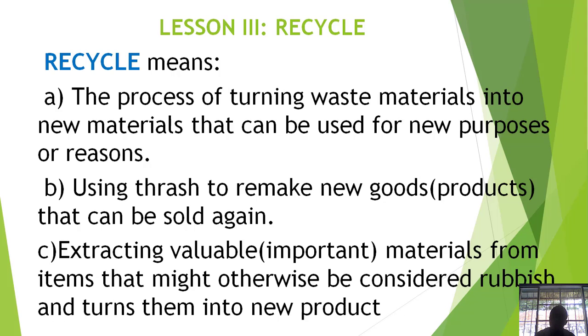And then when people come to collect the garbage, they check for the materials which are very important. They collect this plastic container. The same plastic container can be brought to a factory, and then it can be transformed into another plastic material.